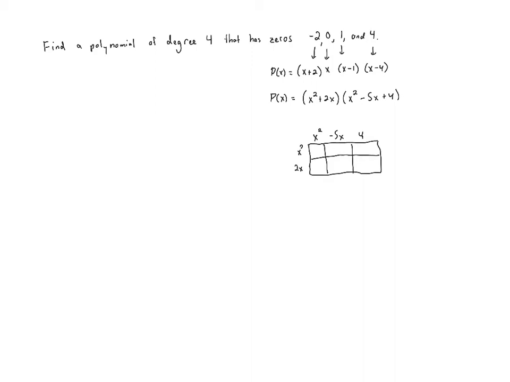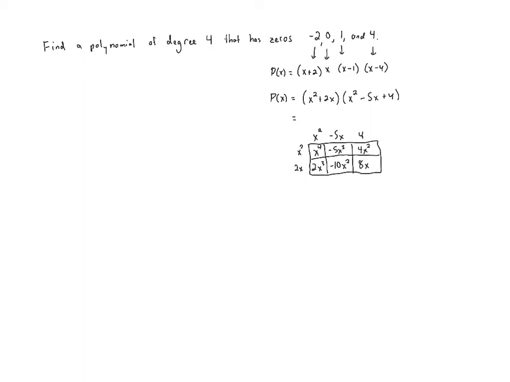When we multiply, this gives us x to the 4th, -5x cubed, 4x squared. We've got 2x cubed, -10x squared, and 8x.